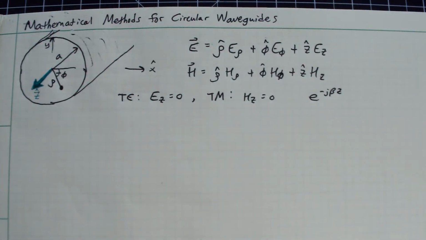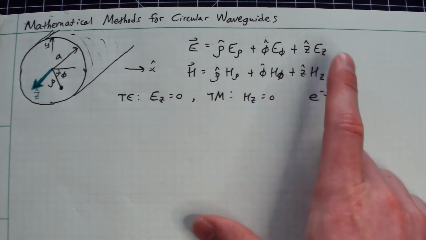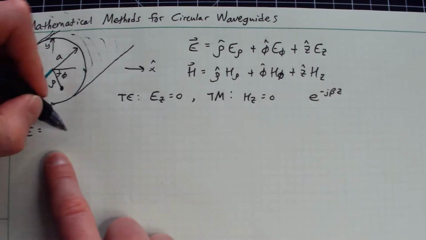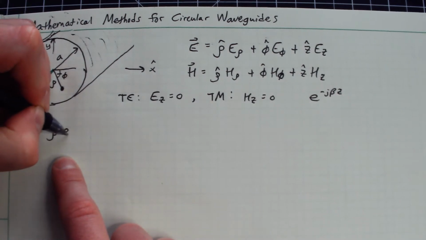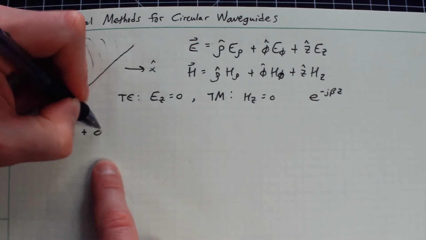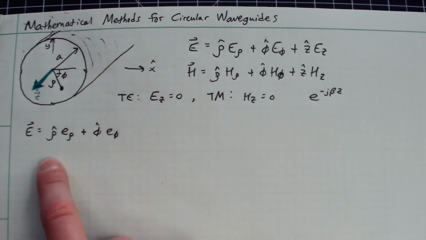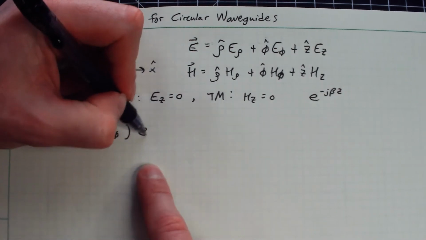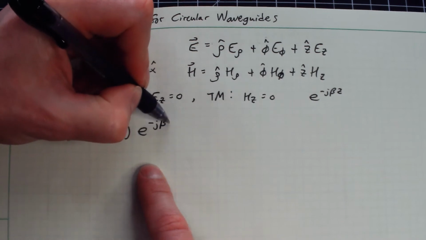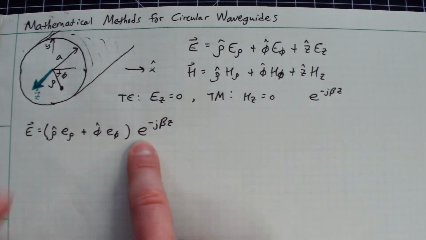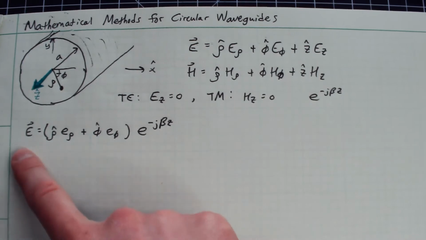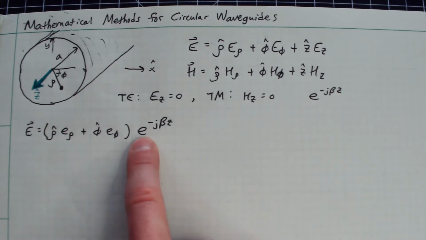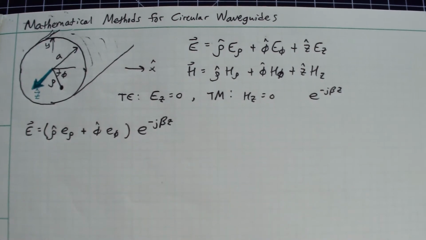So instead of writing capital E of all three variables, we can write E is equal to rho hat little e sub rho plus phi hat little e sub phi. If we're in transverse electric, the z part goes away, and then I would write e to the minus j beta z. Don't confuse these little e's with Euler's constant here. These are scalar functions representing the electric field, and this is Euler's constant for the complex exponential.